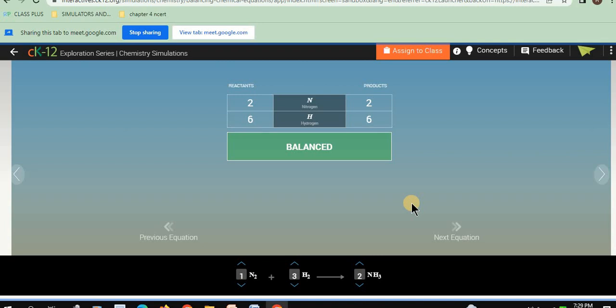So is ammonium hydroxide an acid or a base? Base. Yes. Is ammonium hydroxide a strong base or a weak base? Weak base. Absolutely right answer.